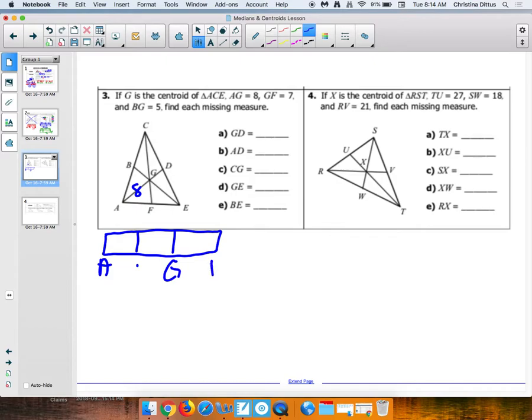D. You said AG is 2 boxes, so 2 boxes total up to be 8. So what is each box? 4. So GD has to be 4. How about the whole length of AD? 12.